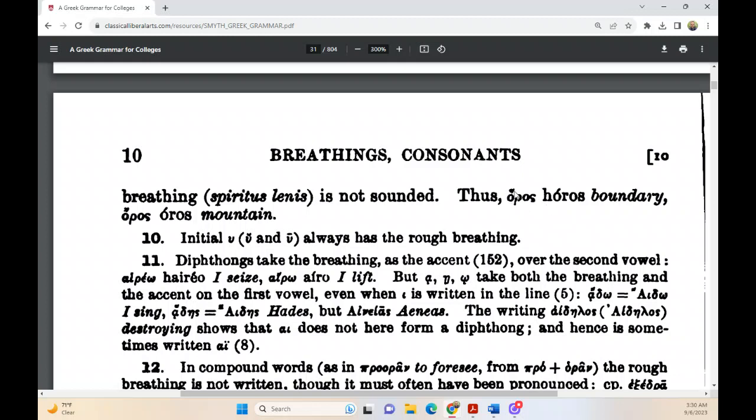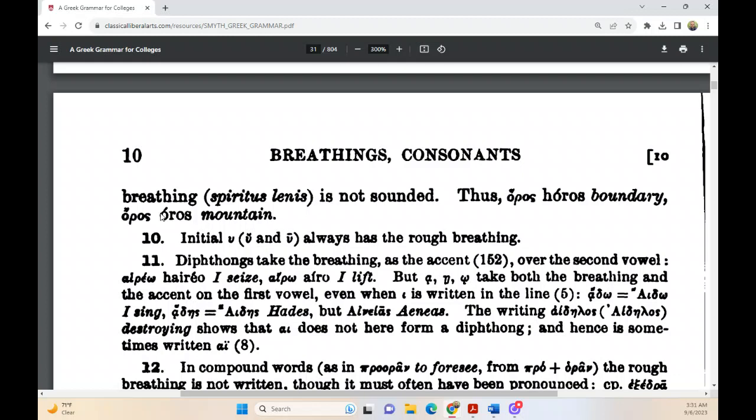This first word has the rough breathing over the Omicron, and you can see here it's transliterated. It would be read as horos. So that rough breathing mark is like adding an H before the vowel. And the second word with smooth breathing would just be read as oros, with no H at the beginning.